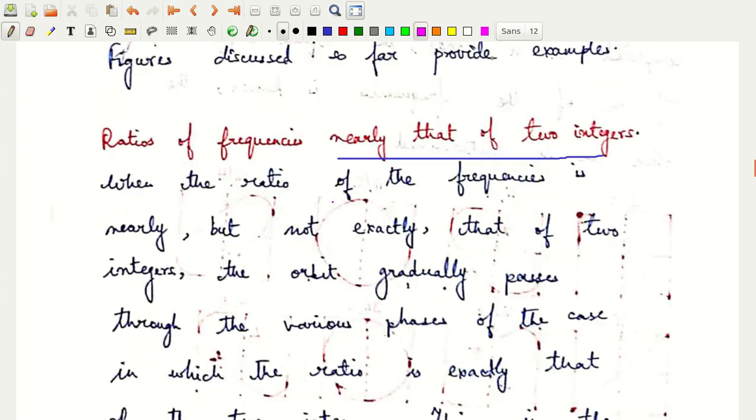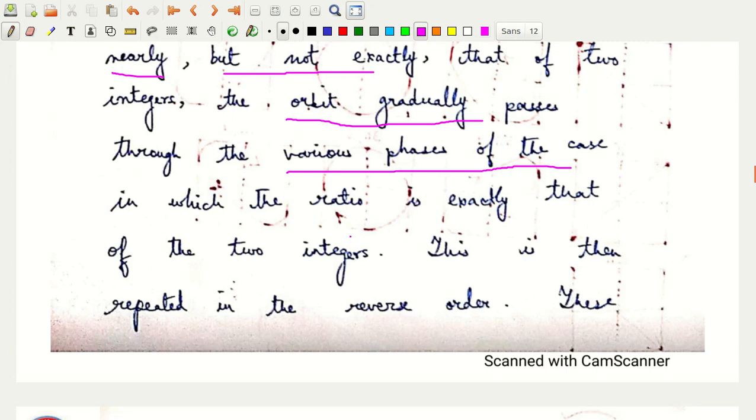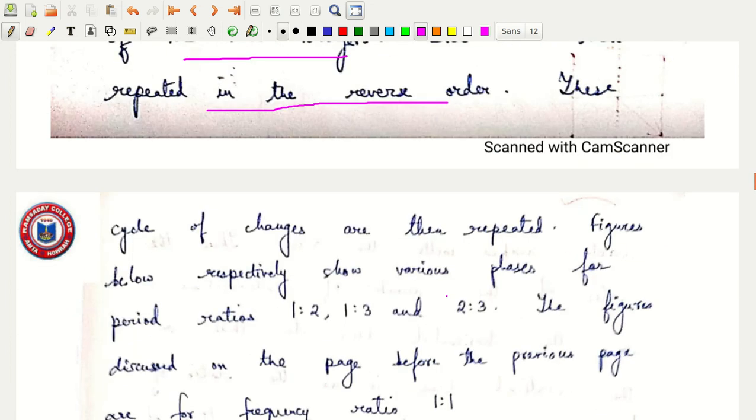When the ratio of the frequencies is nearly but not exactly that of two integers, then the orbit will gradually pass to the various phases of the case in which the ratio is exactly that of the two integers. And this will then repeat in the reverse order like we just saw previously. And this cycle of changes is then again repeated.